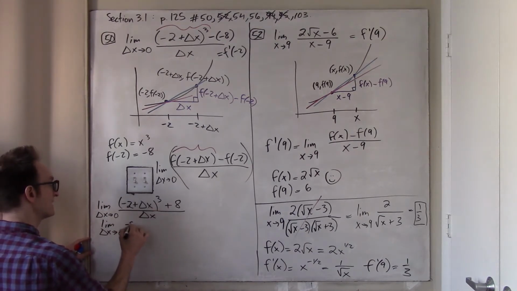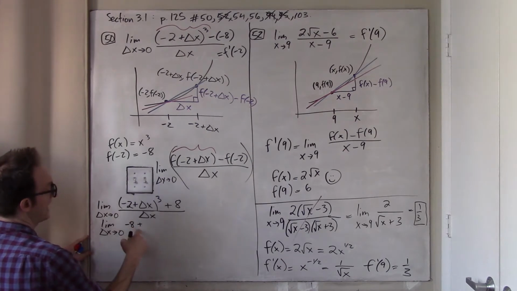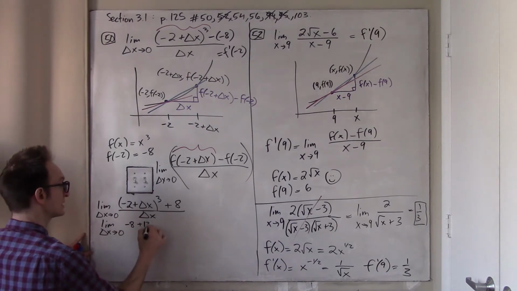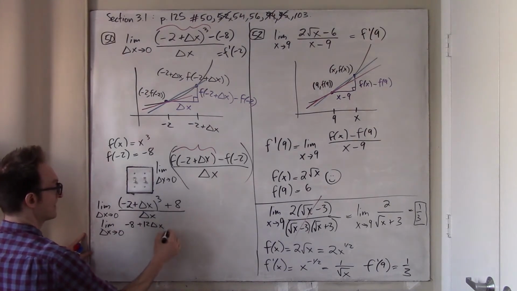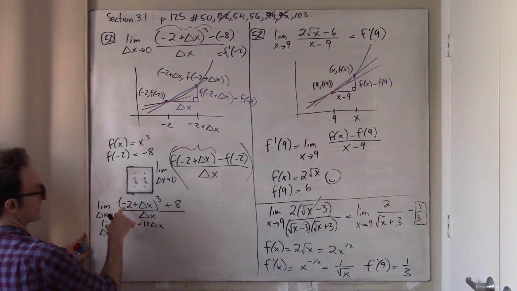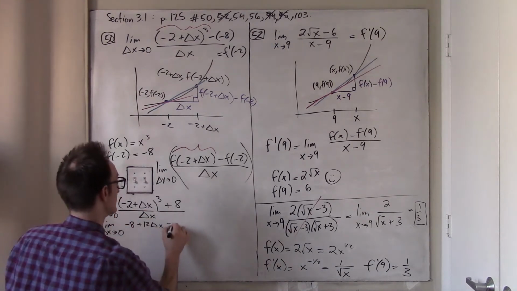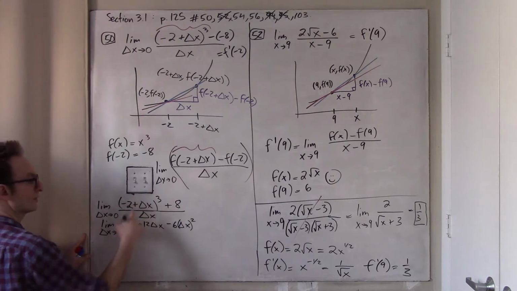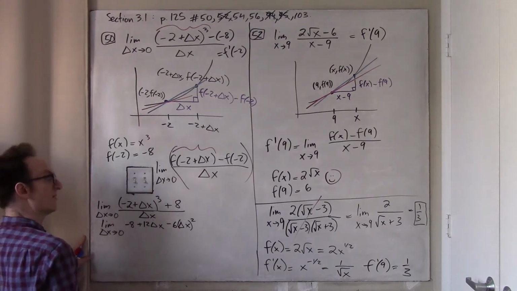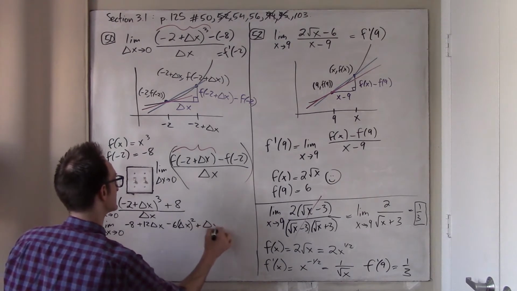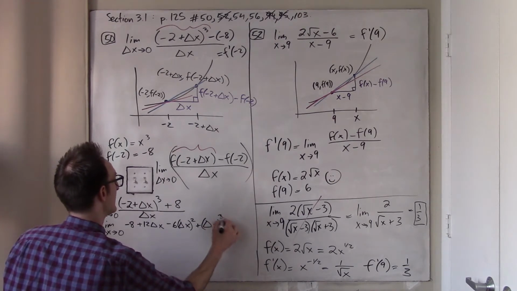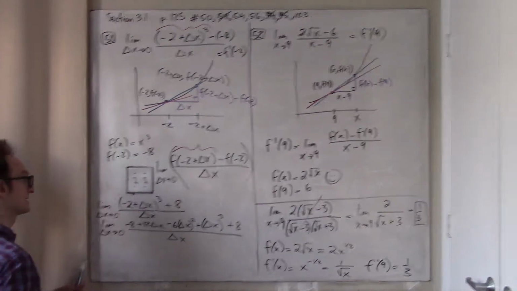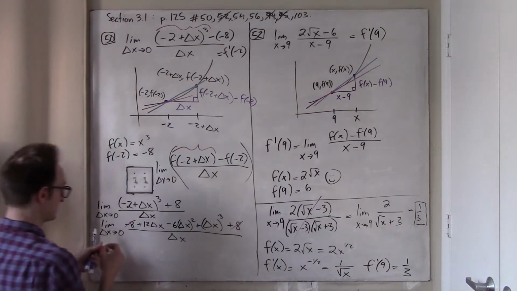Expanding this out gives me -8, plus 3 times this squared times this, so that's 3 times 4, which is 12 delta x, and then plus 3 times one of those times 2 of those, so that's -6 delta x quantity squared. I'm just applying the formula for cubing a binomial. And then plus delta x quantity cubed, and then plus 8, and the whole thing is over delta x. But the 8s and the -8 cancel.